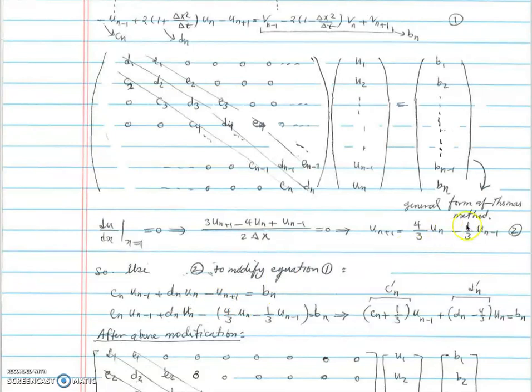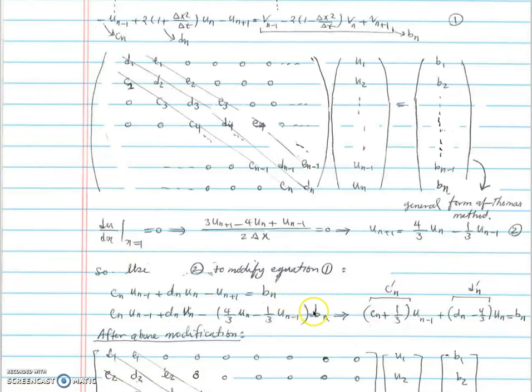Now, I'm going to use equation 2 and replace un plus 1 with this right-hand side. So all I get now is Cn un minus 1 plus Dn un minus, instead of this, 4/3 un minus 1/3 un minus 1. Okay, this is equal to bn.